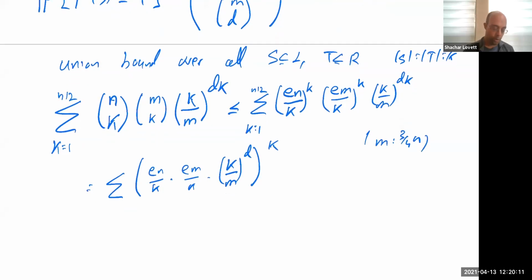So that's going to be equal to the sum of some constant here that you can compute, and then we can replace this n by m. So it's going to be (c times (k over m) to the d minus 2) to the k. Right, because again, n is some constant times m, and in fact, if you do the calculations, this is smaller than 10 here.